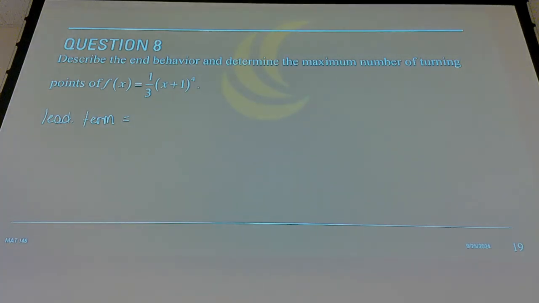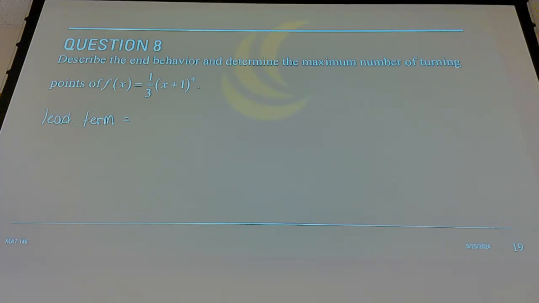What is the leading term? I agree there's a 1/3 in there.